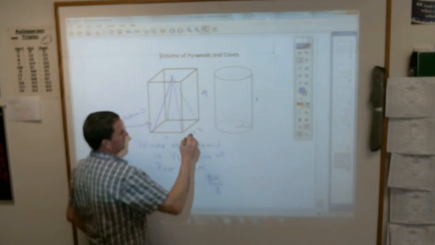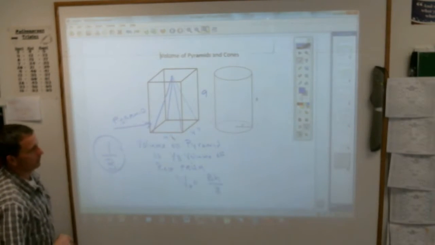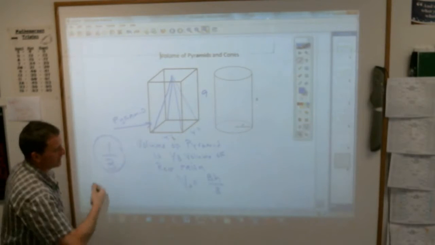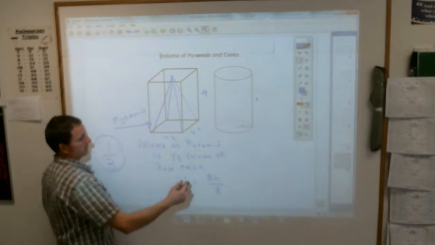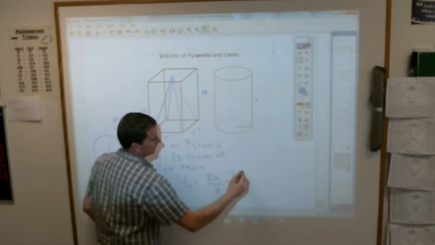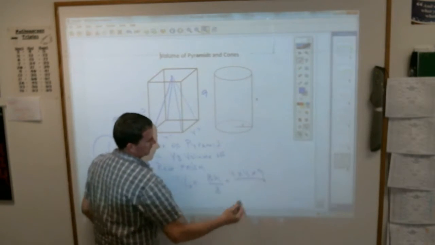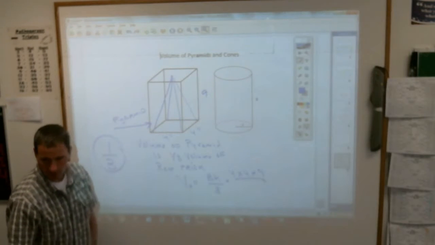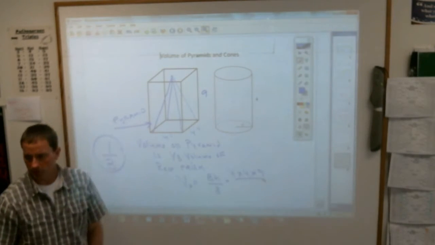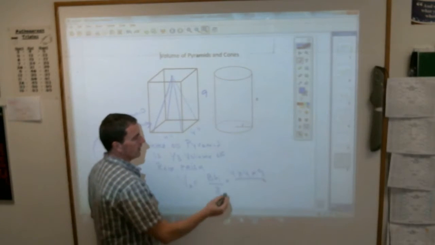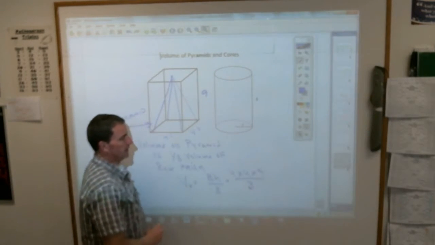So if you're doing the math on this, let's say this was a 4 by 4 by 9 inches tall. If you were doing just the rectangular prism, it would be 4 times 4 times 9, which would be 16 times 9. Did I say 36? No wonder somebody looked at me strangely.